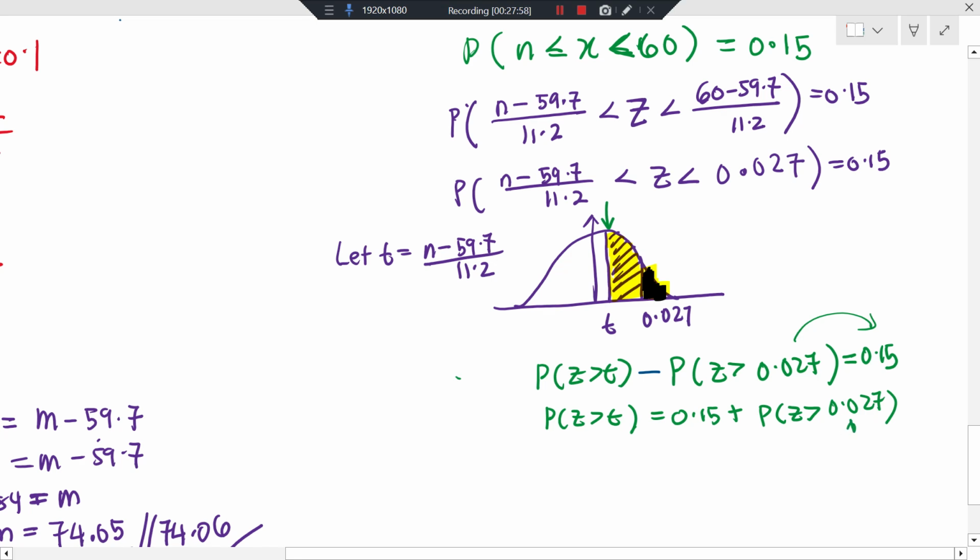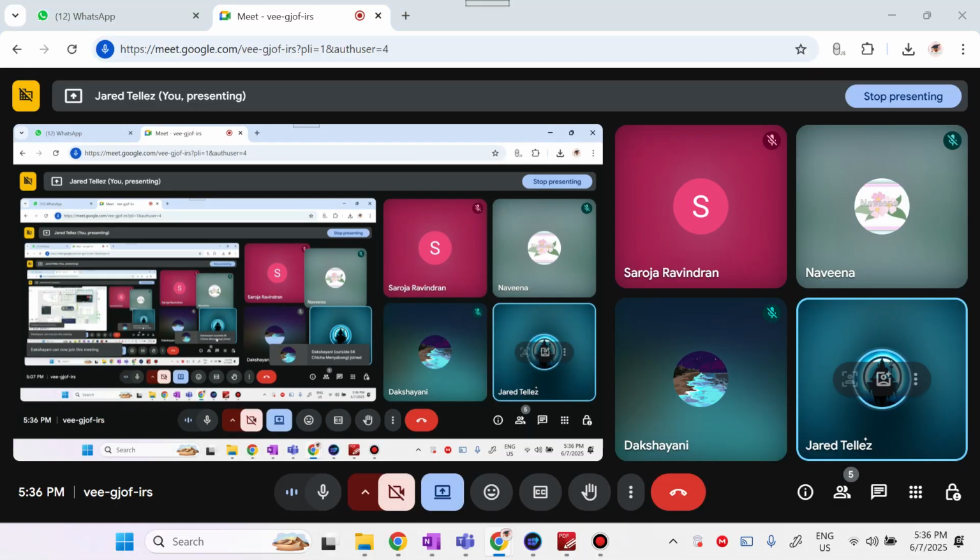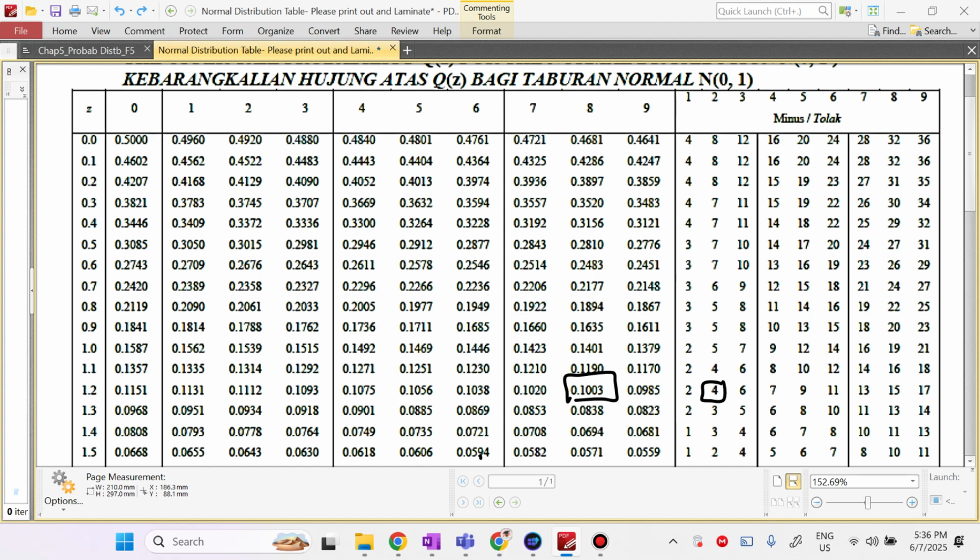So find the probability of this one first, 0.027. 0.027 is here.